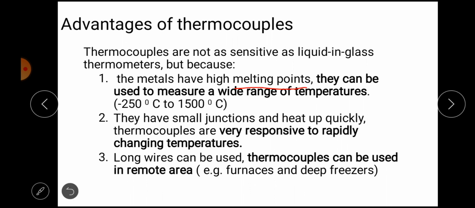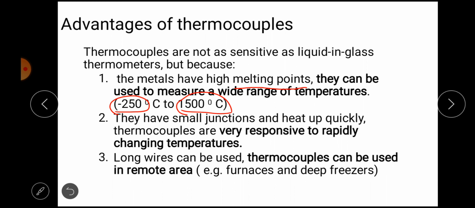So you can measure very high temperatures without the metals melting. Yet, when you are using a liquid, you'll find that at this temperature the liquid has frozen, or at this temperature it is no longer a liquid, it has started to boil, or even the glass can break in this case.